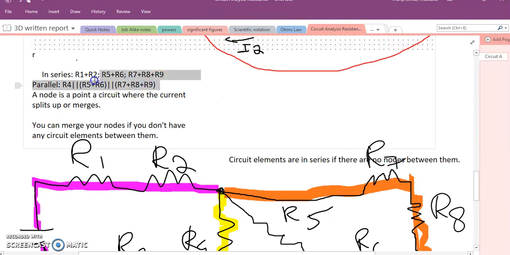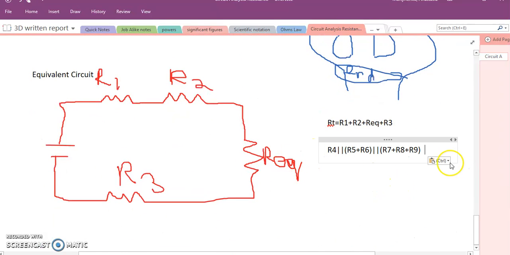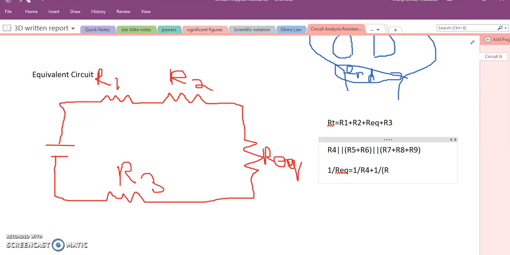Well, if you guys remember, we had this whole big expression over here. And I can definitely extract R equivalent from this expression. This is a parallel expression, so once again, I'm going to have 1 over R equivalent equals 1 over first term, R4, plus 1 over second term, R5 plus R6, plus 1 over my last term, and this one's big, right?